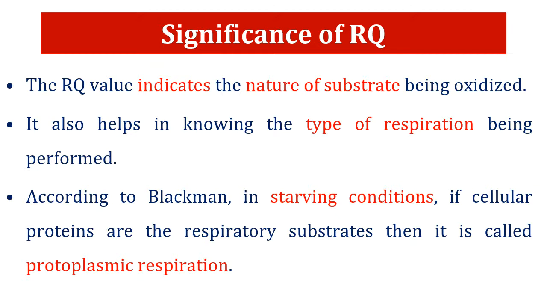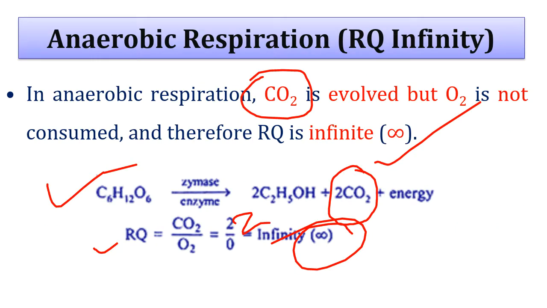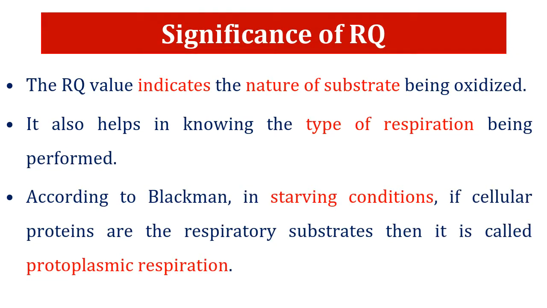In case of anaerobic respiration, the value is always infinity because oxygen is not consumed. Whereas in case of various substrates involved in aerobic respiration, the value can be anything from 0 to any numerical value. So if the value is 0 or any number, then we can say it is aerobic respiration. But if the value is infinity, then we can say it is anaerobic respiration.